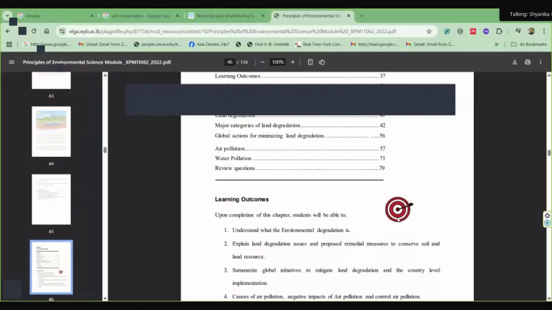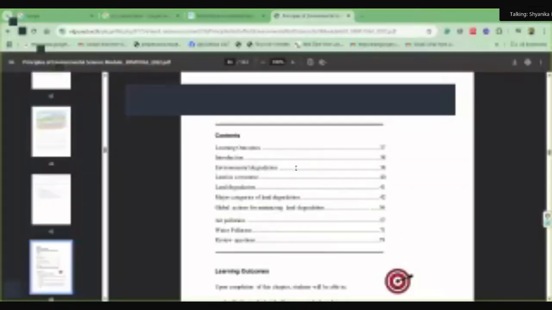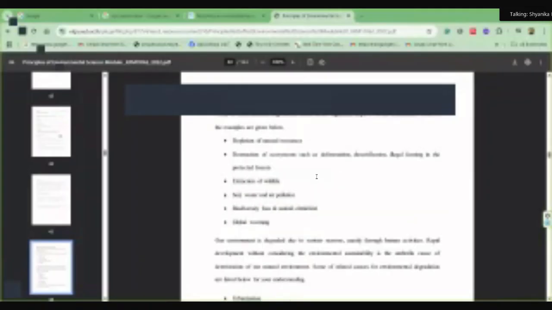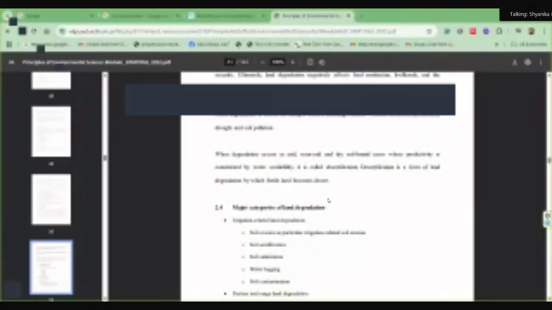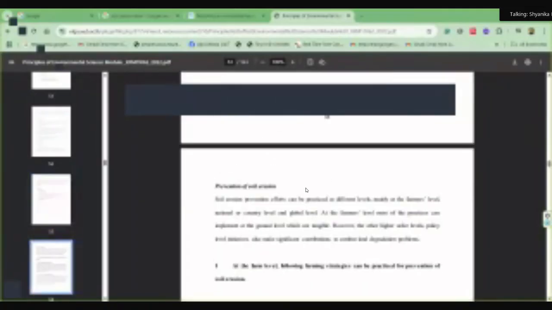We started with environmental degradation and we discussed what environmental degradation is and the causes for it, land degradation, major categories of land degradation, and how to prevent it, soil erosion, and now we have discussed that.